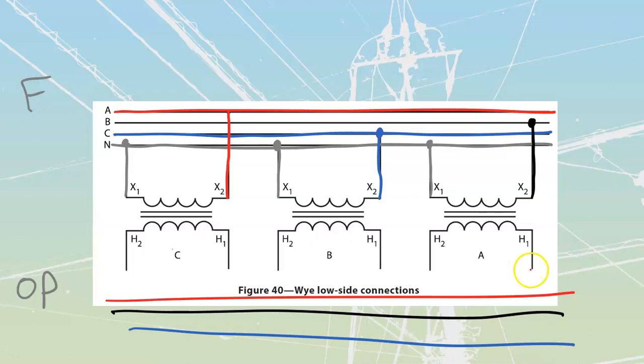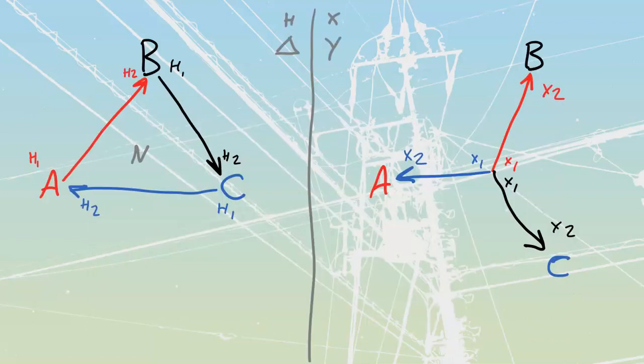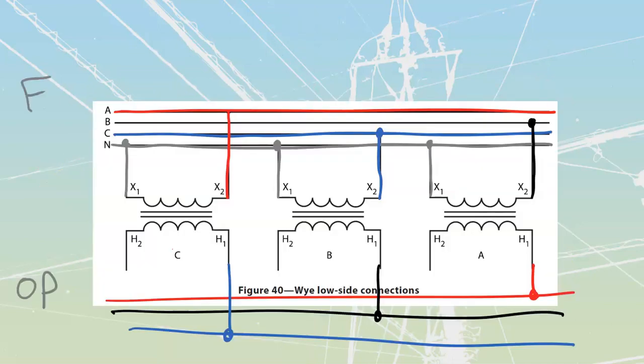Find my A transformer, H1 of A goes to line A. H1 of B goes to line B, H1 of C goes to line C, like that. Once we have those connections across there, then we are going to take a look at the other ends. We see that the A crosses to B, terminates on B, B terminates on C, C terminates on A. So we're just going to follow that through.